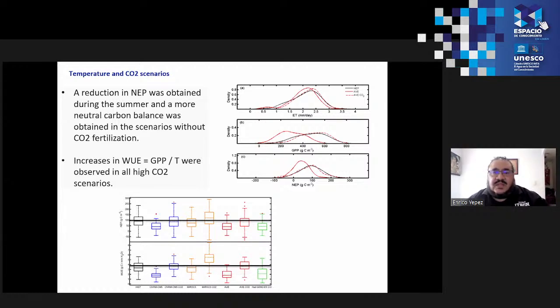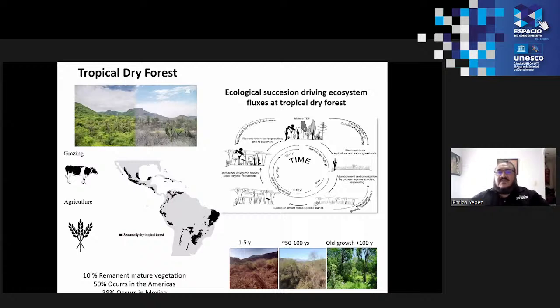But there was an important difference in the water use efficiency. So our ecosystem, despite not increasing in productivity, actually improved its water use efficiency, which can certainly be an important trait for future climate conditions. So if this were true, this is an experimental model effort, but validated through data, we can make propositions on how to use this type of fragments for natural climate solutions.